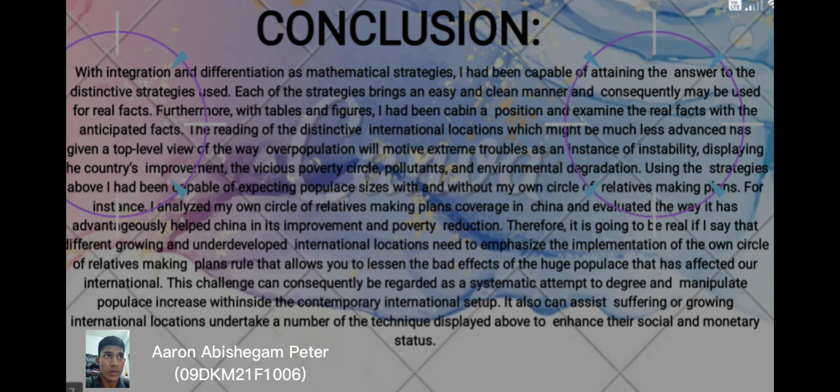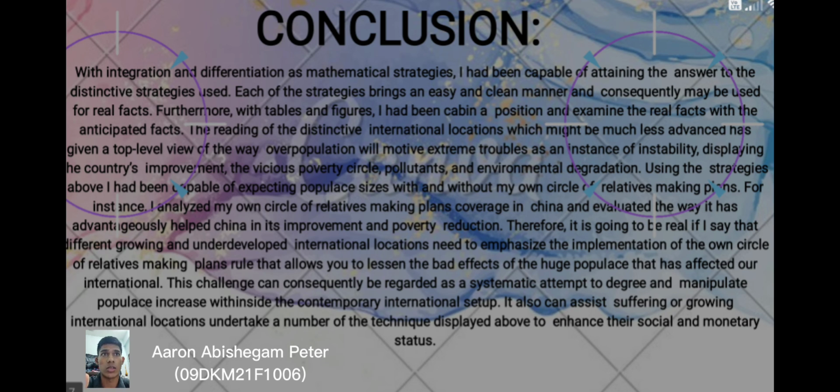Using the strategies above, I have been able to predict population sizes with and without family planning. For instance, I analyzed the family planning policy in China and evaluated how it has helped China in its development and poverty reduction.